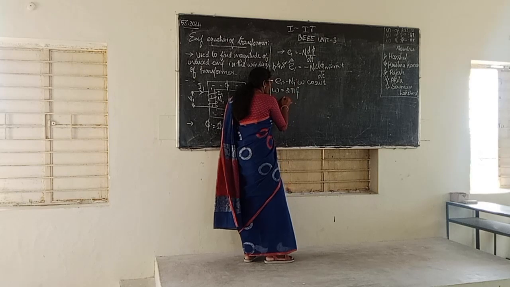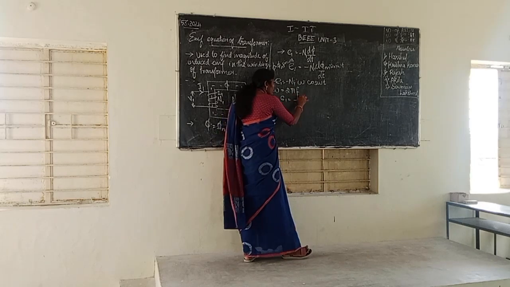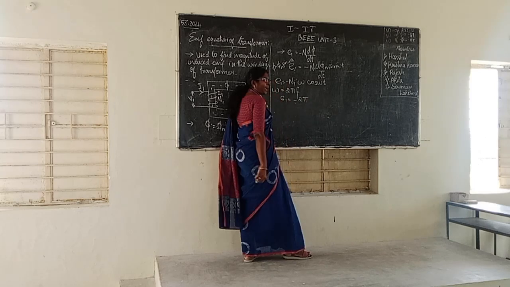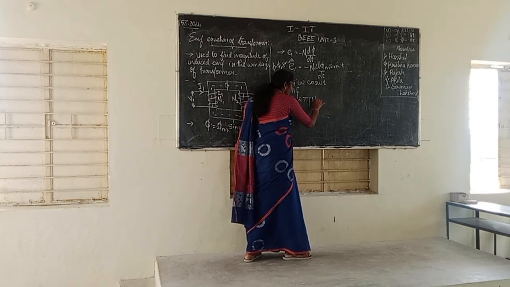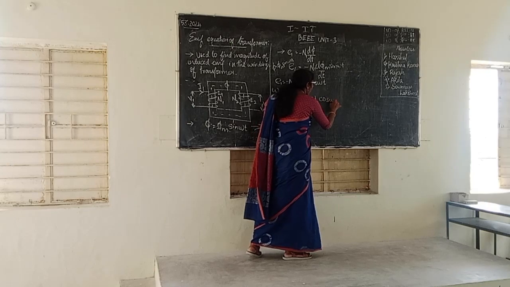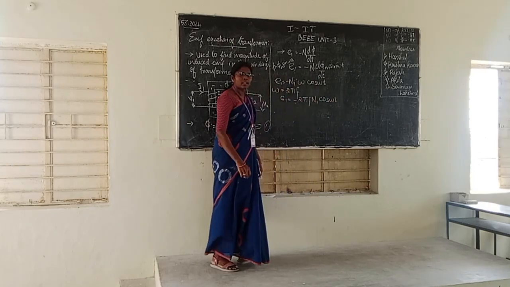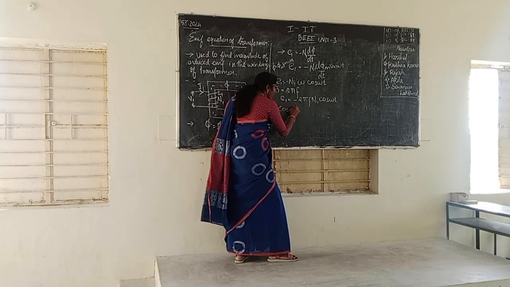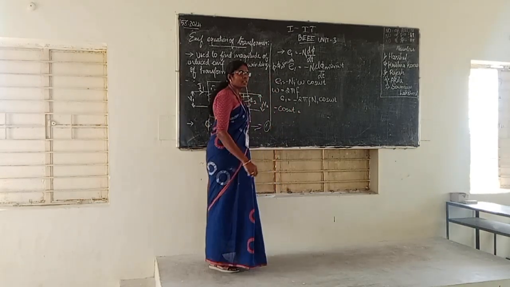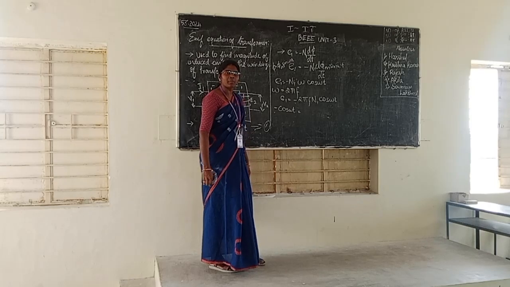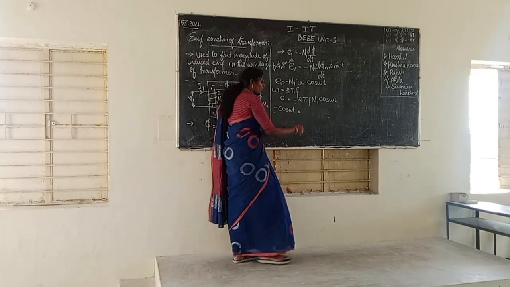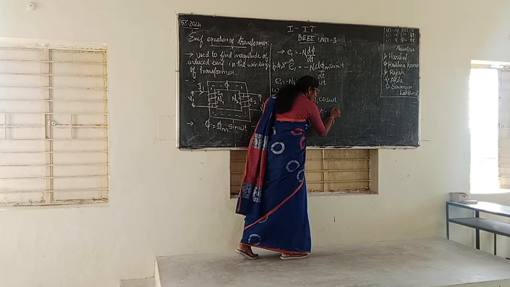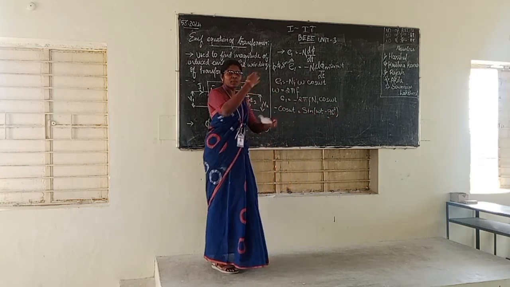So, shall we substitute this over here? It will become E1 is equal to minus 2πf into N1 cos ωt. Clear up to this? Next, we have the trigonometric formula: minus cos ωt can be written as sin of ωt minus 90 degrees.